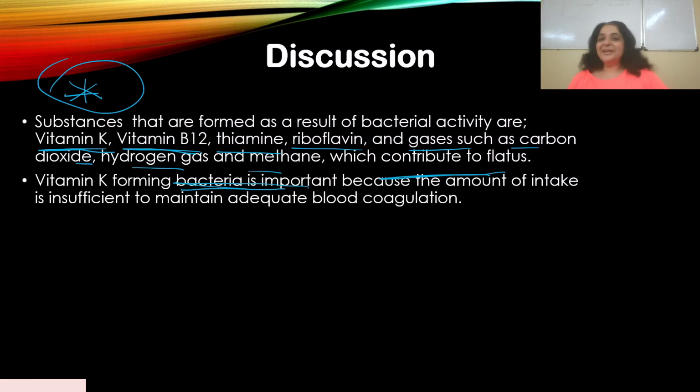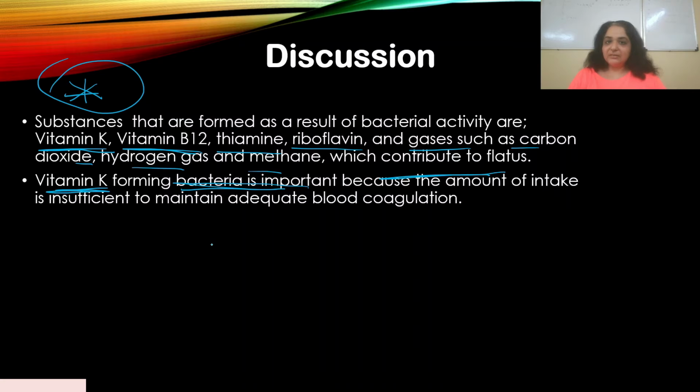Vitamin K forming bacteria is important in the gut because the amount of vitamin K that we take is not sufficient for the needs of our body. Remember vitamin K is responsible for blood coagulation. Go back and read blood clotting. Vitamin K is important for blood coagulation, and so this bacteria helps in compensating for the vitamin K that is not consumed through our food.